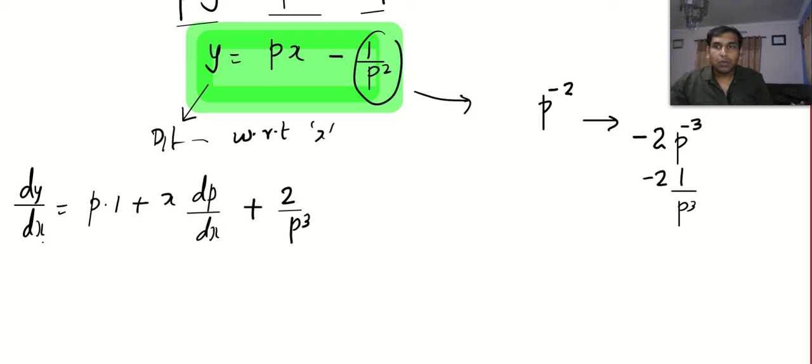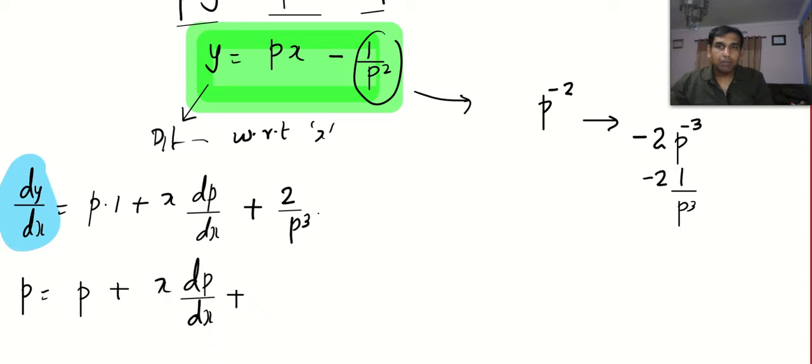Okay, now what should we do in the next step? Yes, we have to replace our dy by dx with p. By the way, we left one dp by dx, because when you are differentiating a function in p with respect to x, you should write the derivative multiplied by dp by dx.